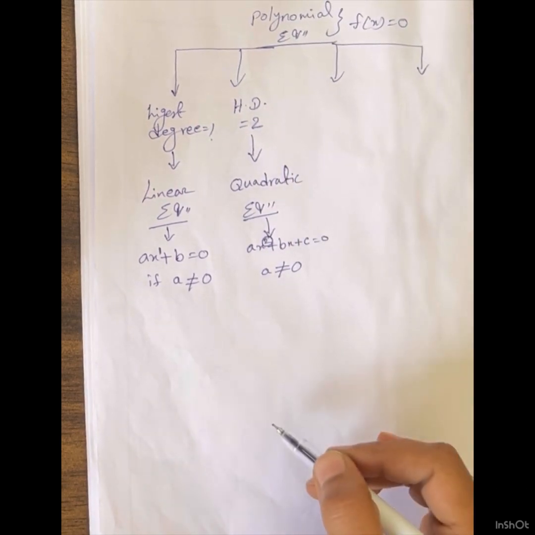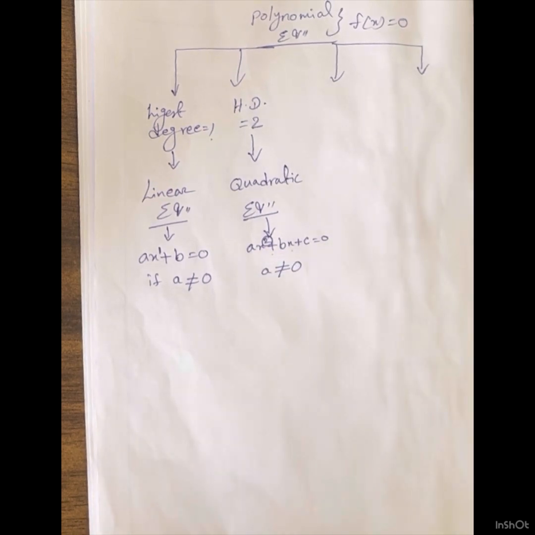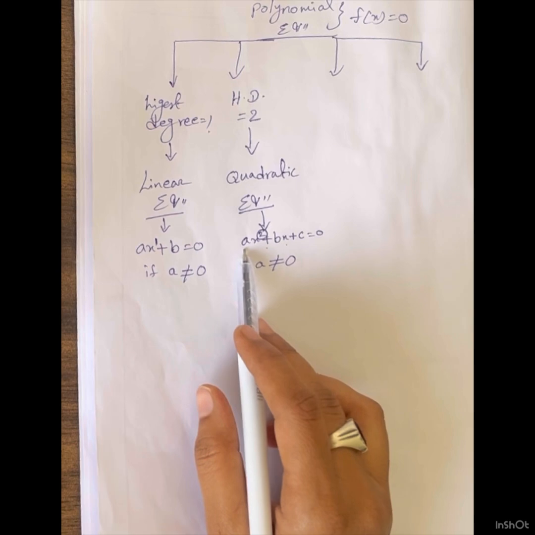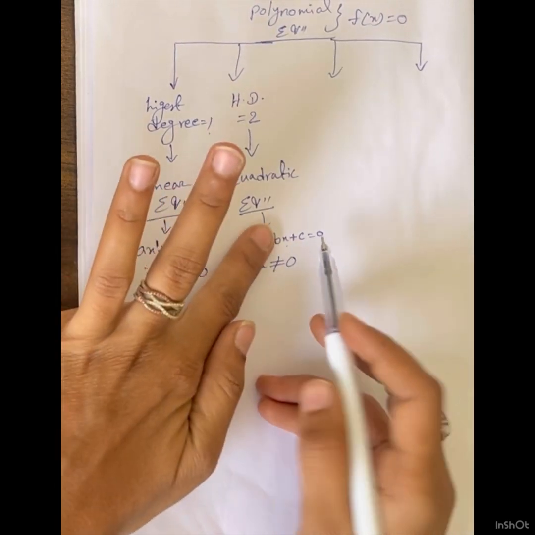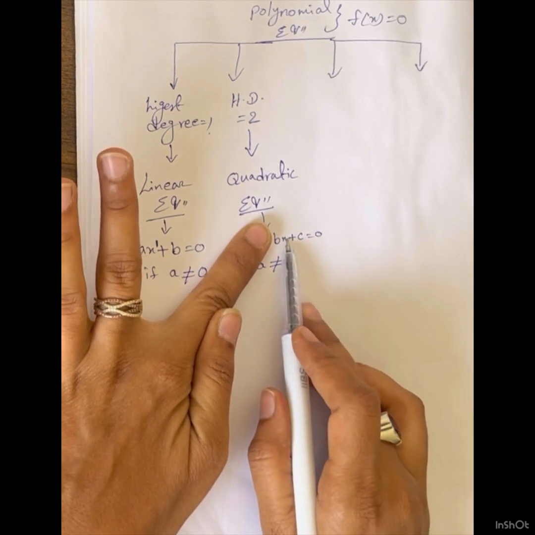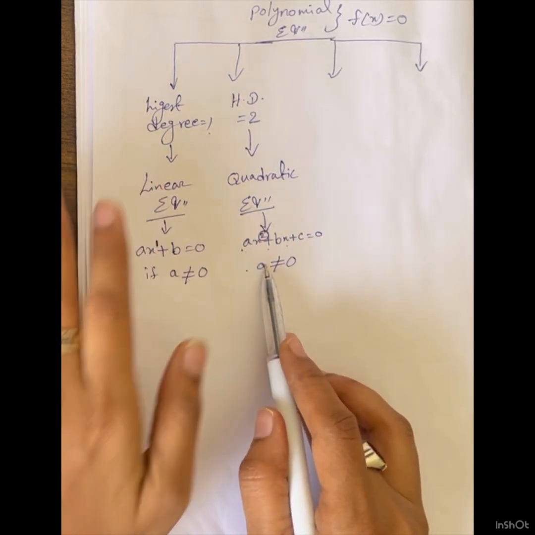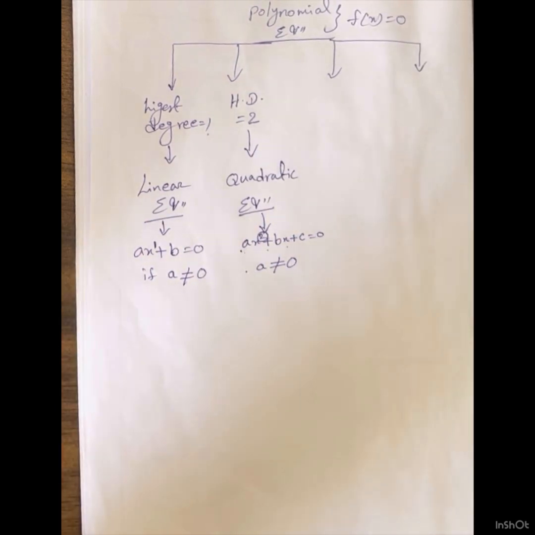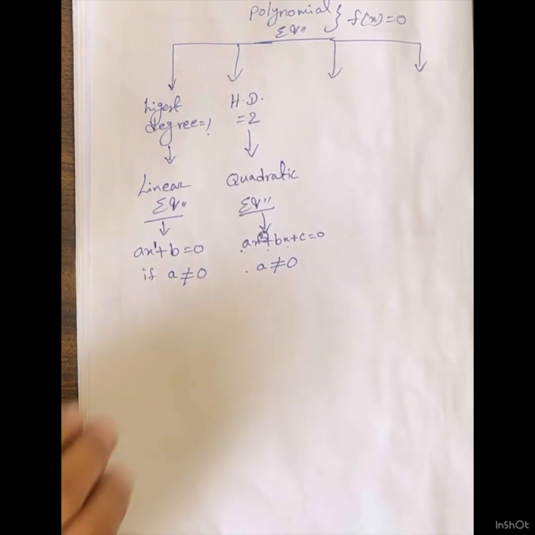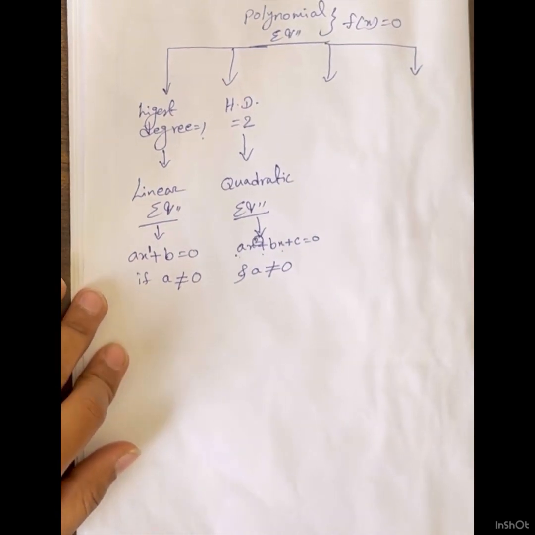If a is 0, then this whole term is 0, but the highest degree is not 2 here, only 1 is there. So if a is equal to 0, this is not a quadratic equation, this is a linear equation. Understood? So that's why a must not equal 0.